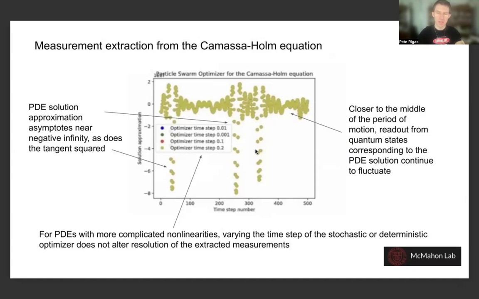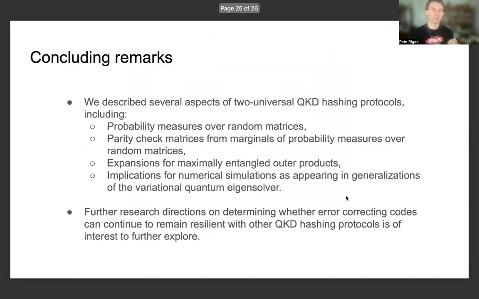So it's important that the partial differential equation solution that this generalization of the variational quantum eigensolver is able to generate is able to determine what are the sources of fluctuation throughout different periods of motion. And overall, for PDEs with more complicated nonlinearities, varying the time step of the stochastic or the deterministic optimizer does not alter the resolution or what is the actual value of the extracted measurement without noise.